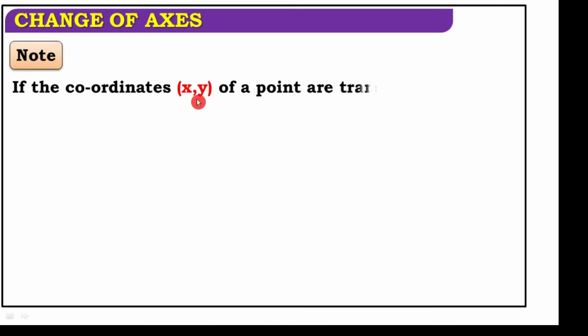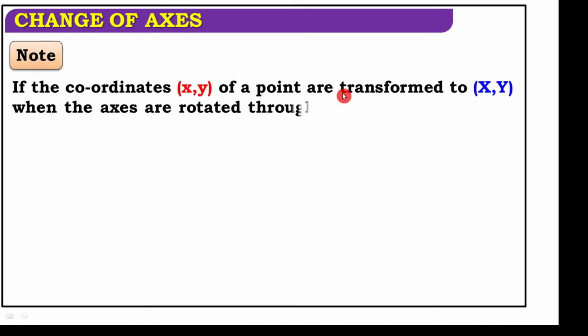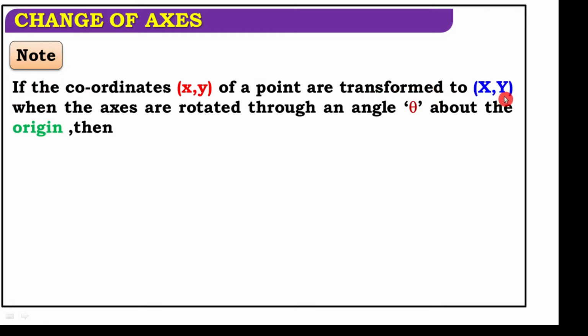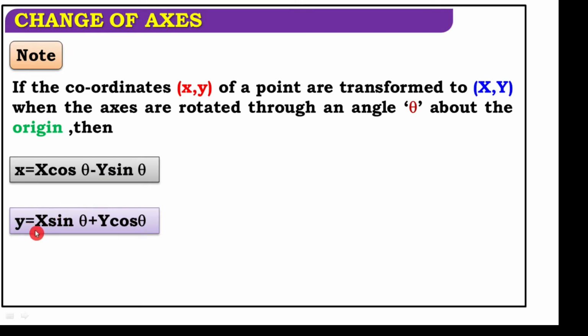If the coordinates x comma y of a point are transformed to capital X comma capital Y when the axes are rotated through an angle theta about the origin, then small x equals capital X cos theta minus capital Y sin theta, and small y equals capital X sin theta plus capital Y cos theta.